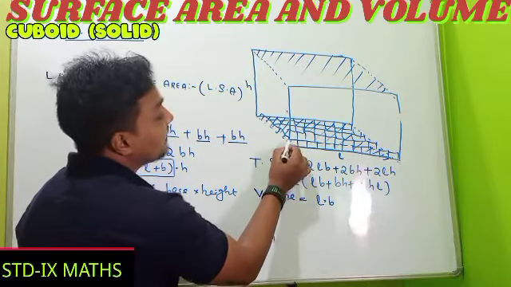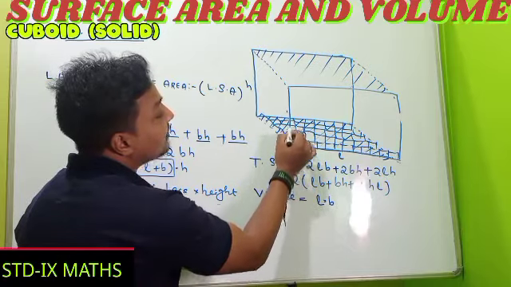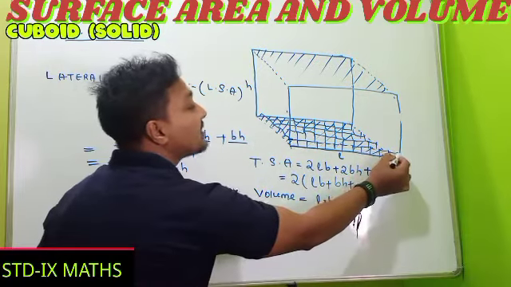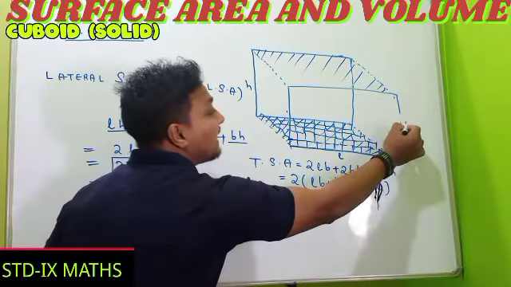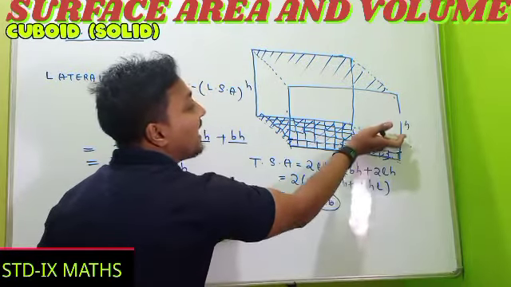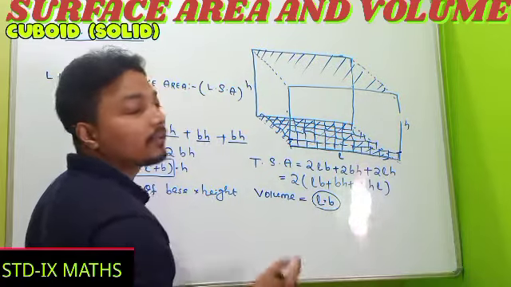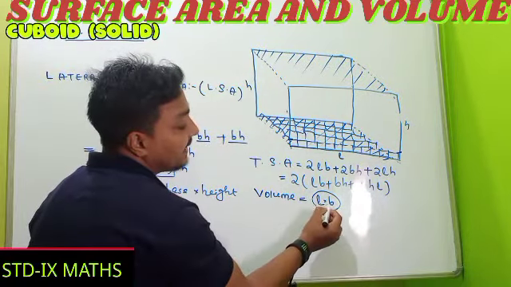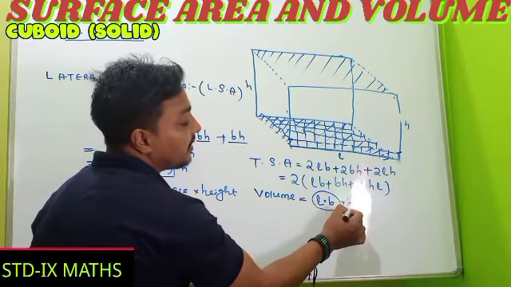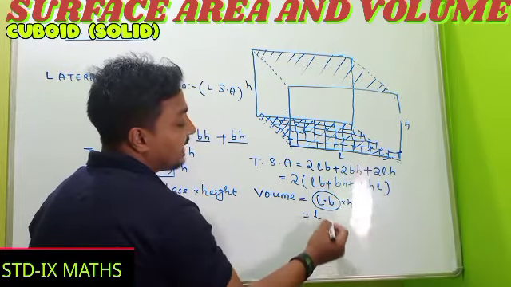Then here it is the height, as the height it is h, so for which single level L into B will be required. For up to H level, the number of cubes that can fill the total box will be L into B into H. So altogether I can call it our volume.